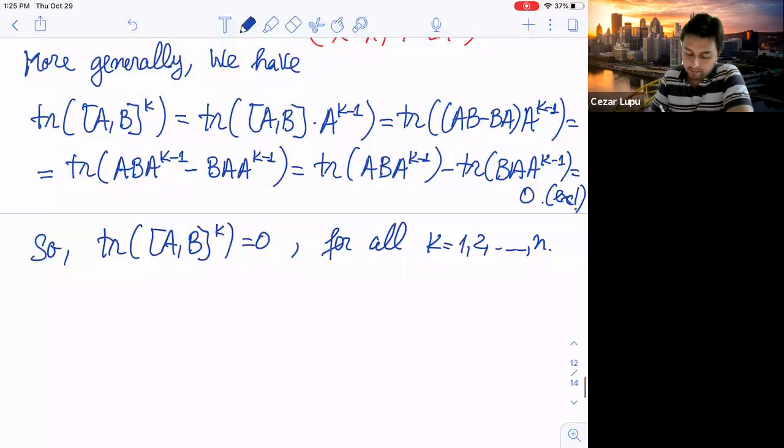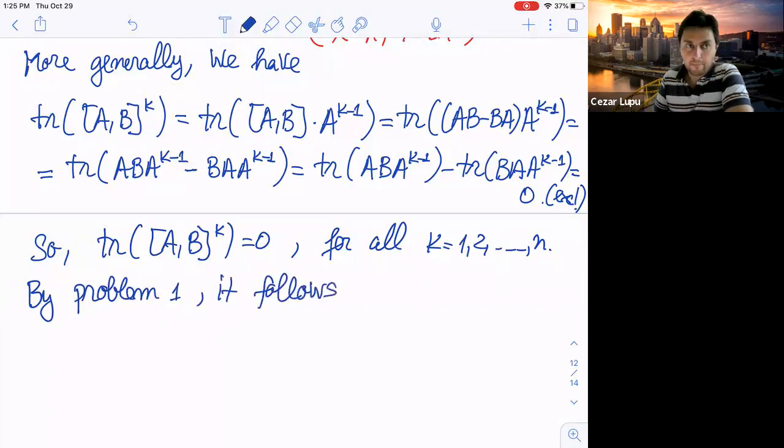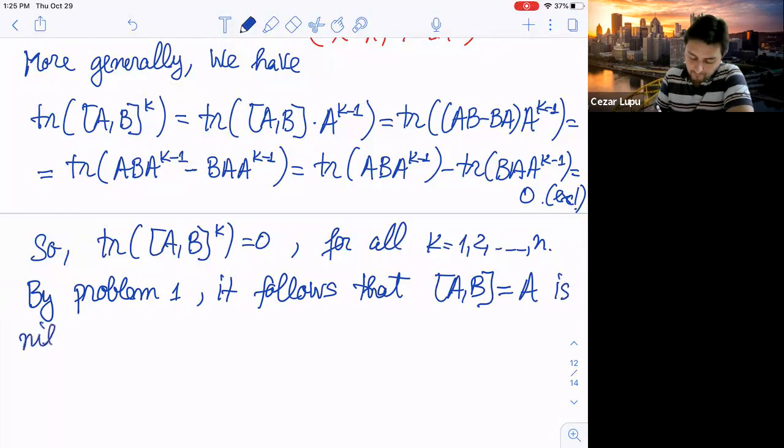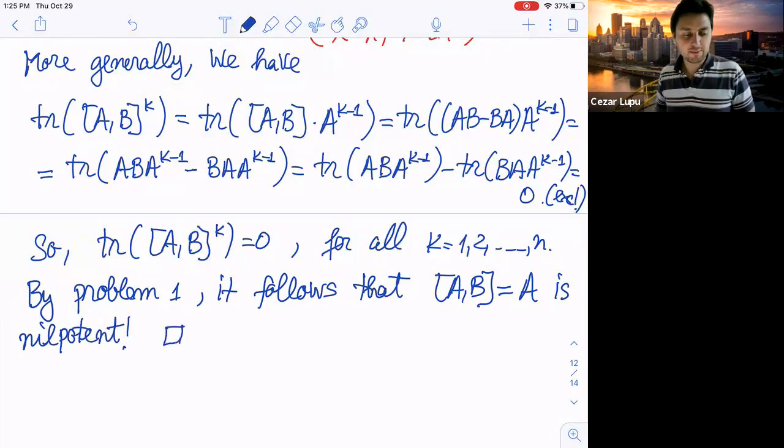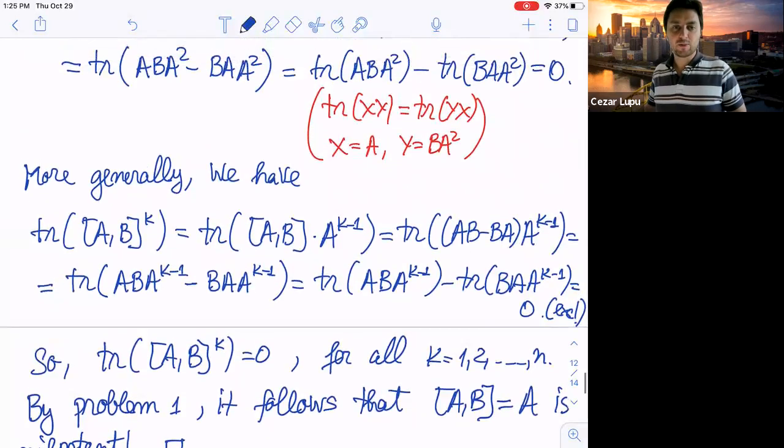So by problem 1, it follows that the bracket AB is nilpotent, but the bracket is equal to A, so A is nilpotent. And that's it. That's the end of the problem. Very nice problem, right? Is it clear for everybody what we did here?